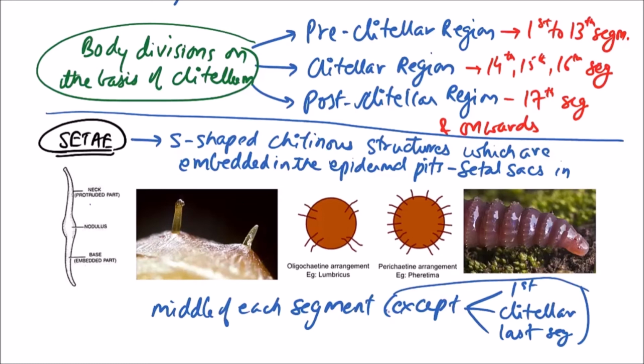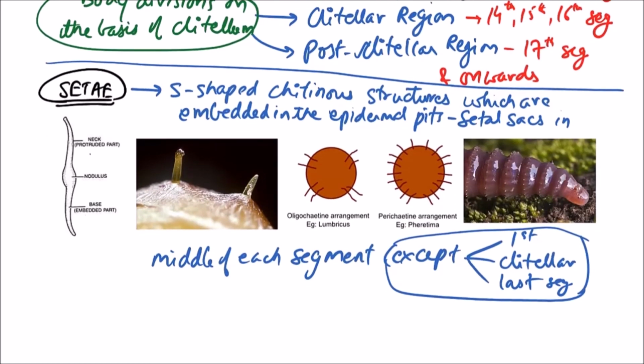So except these three segments, all segments are having the S-shaped chitinous structure protruding out of the body wall in the middle of each segment. This arrangement is known as periketine arrangement.